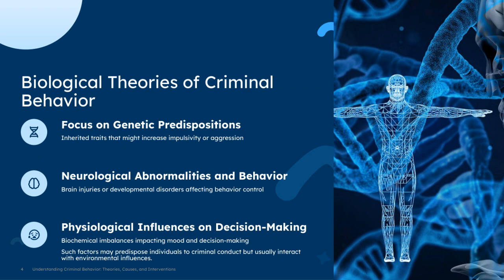Lastly, physiological influences play a key role, particularly biochemical imbalances that affect mood and decision-making processes. It's important to understand that while these biological factors may create a predisposition toward criminal behavior, they typically do not act alone. Instead, they interact closely with environmental influences to shape behavior.